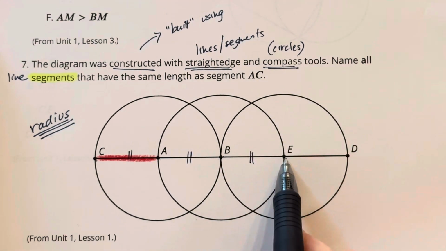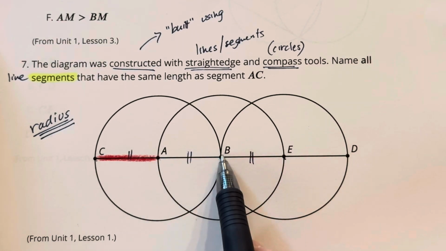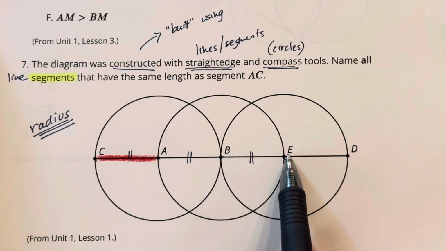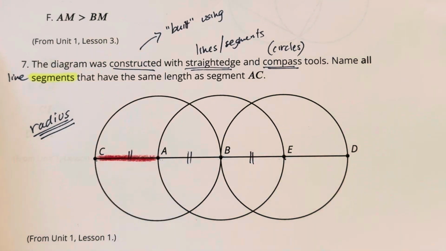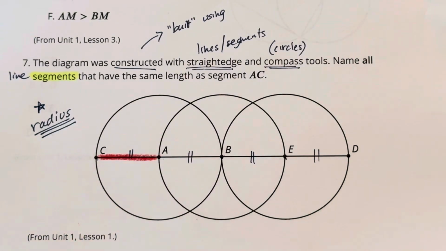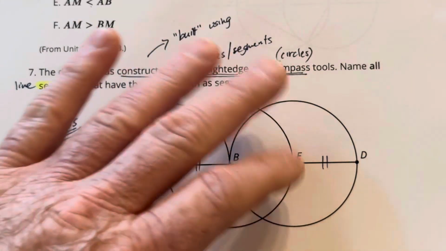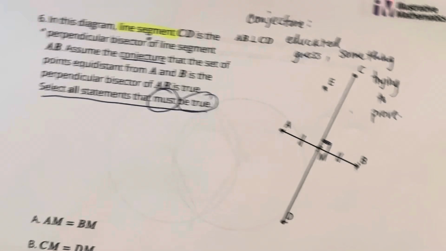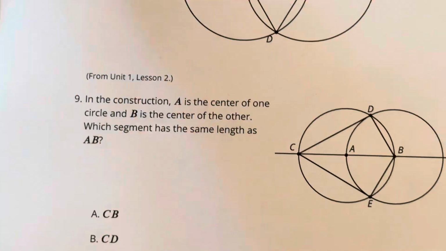So let's look at circle center E. If AB equals BE, then BE equals AC. And then this is also a radius. So that kind of gives you the answer, but the key is you have to use the word radius in your justifications. All right, let's move on to the next.